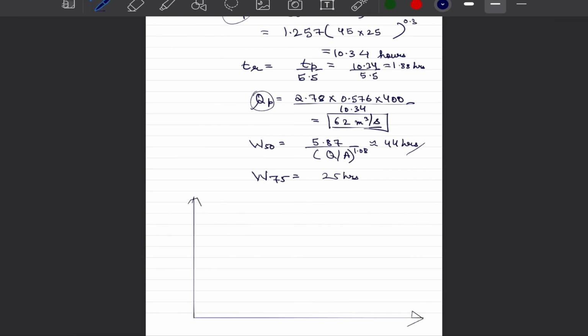Now if we put all these equations into context, we again plot our x-axis and y-axis, where this represents Q in meter cube per second, and if this happens to be our TR, this is 1.88 hours.